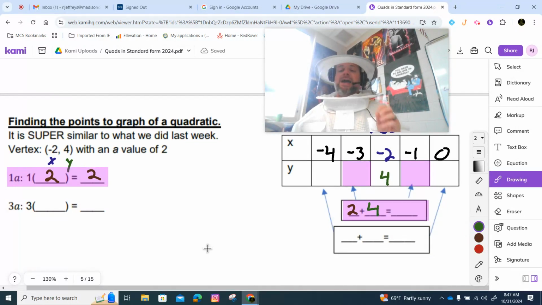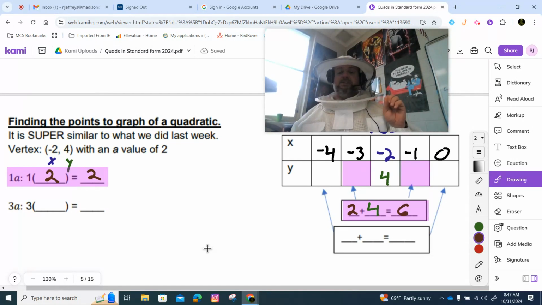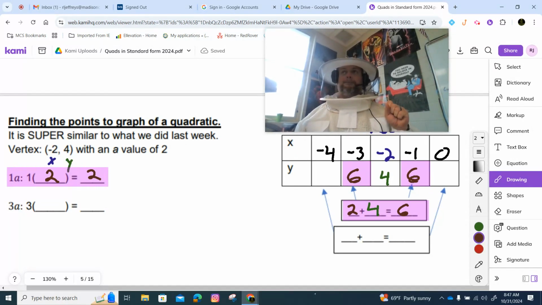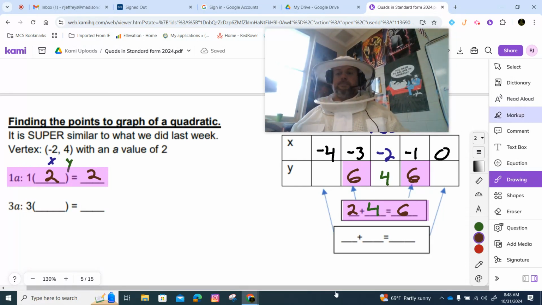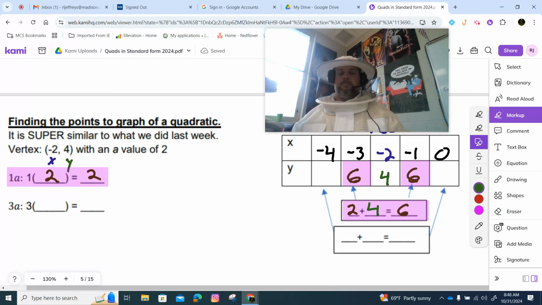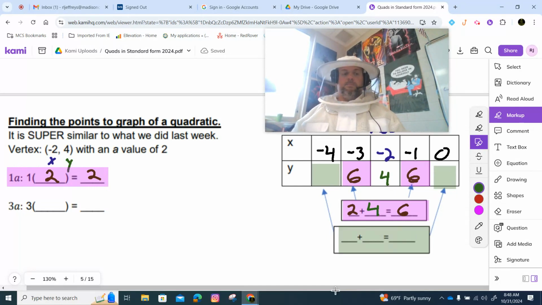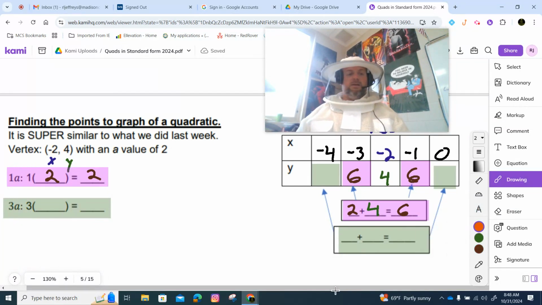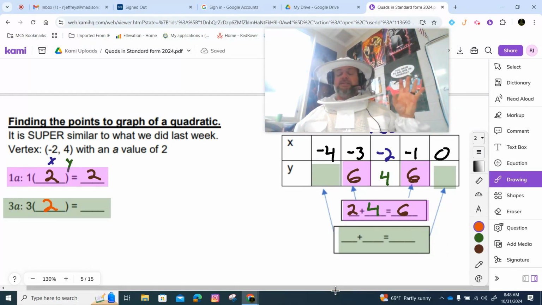So we're going to add 2 to 4 right here. What is 2 plus 4? 6. So it goes right here. A is 2, so our next one on the outside is 3A.